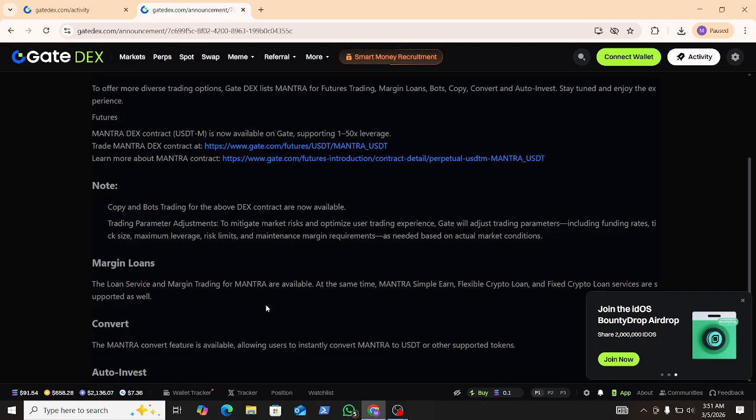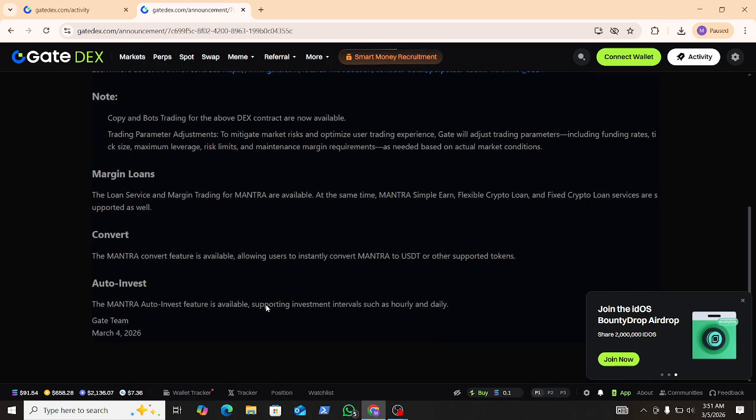Convert: the Mantra convert feature is available, allowing users to instantly convert Mantra to USDT or other spot tokens. Auto invest: the Mantra auto invest feature is available, supporting investment intervals such as weekly and daily.